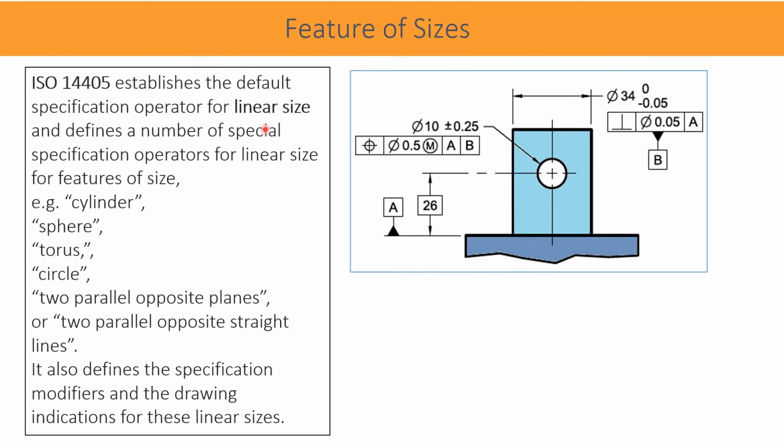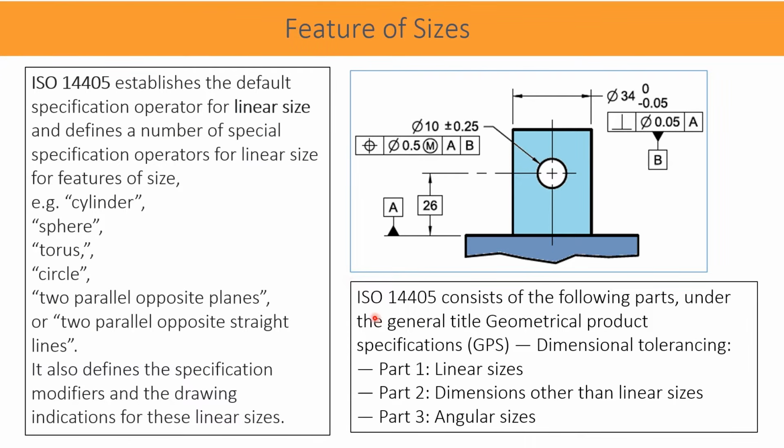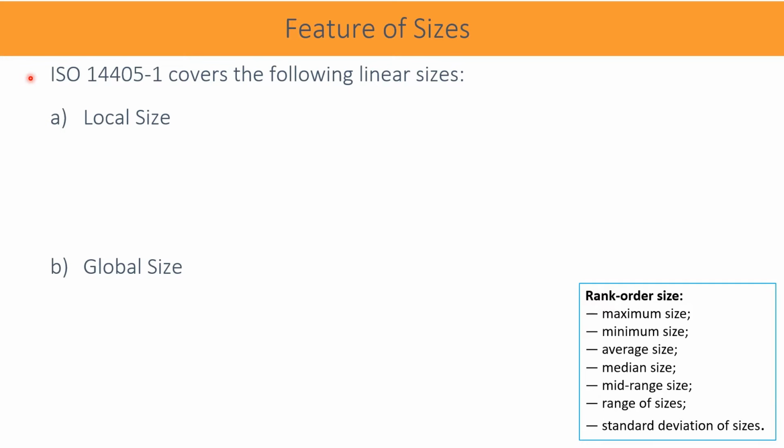ISO 14405 consists of a total of 3 parts. Part 1 deals with the linear sizes. Part 2 deals with dimensions other than the linear sizes, and finally Part 3 deals with angular sizes, angles and their tolerances. In Part 1, the following linear sizes, local sizes and global sizes, are discussed.